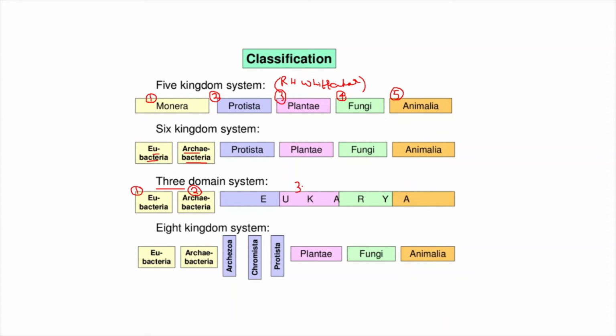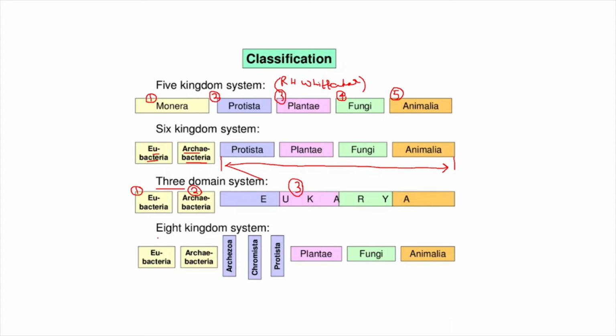So they together form the 3rd domain, which is eukarya. So eukarya has Protista, fungi, Plantae and Animalia. So the eukarya is actually the combination of these 4 kingdoms. This is what makes up the 3rd domain called the eukarya.